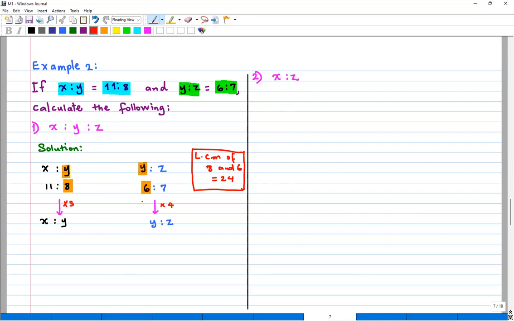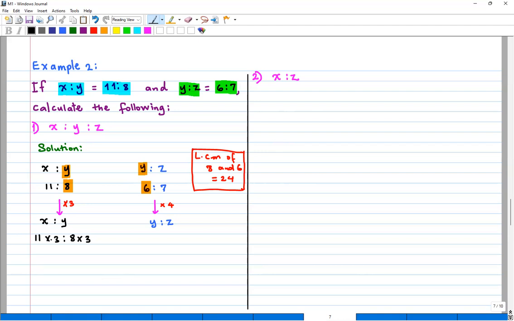You get that? Now, this implies that we are going to get 11 times 3, and again, 8 times 3. So we are getting 11 times 3 to 8 times 3.